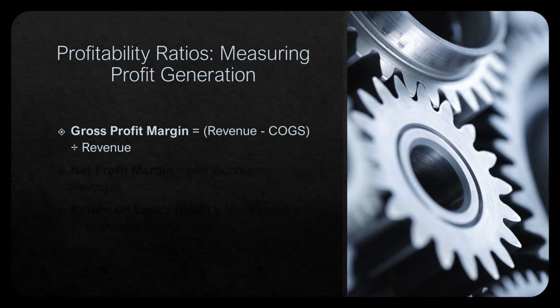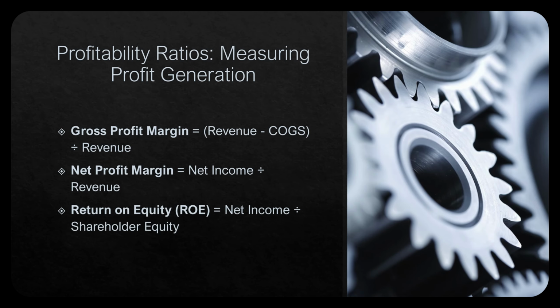The net profit margin goes a step further, showing what's left after all expenses, taxes, and interest. And finally, return on equity, or ROE, measures how effectively the company is using shareholder investments to generate profit.